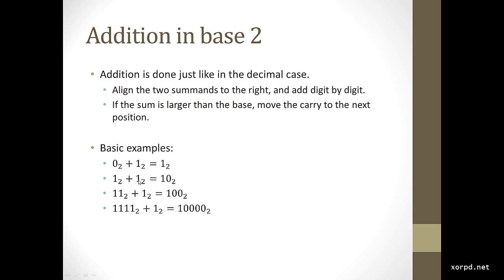It is like thinking about the decimal case of what is the next number after 9. It is 10, because we don't have any more digits. Another example, 11 plus 1 is 100 in base 2. And maybe another example of this type, 1111 plus 1 equals this number, 1 followed by 4 zeros in base 2.